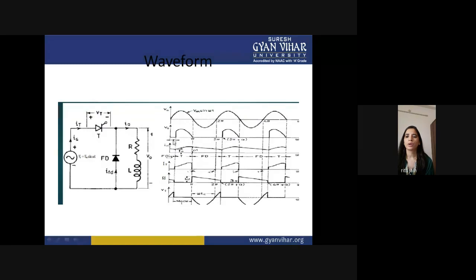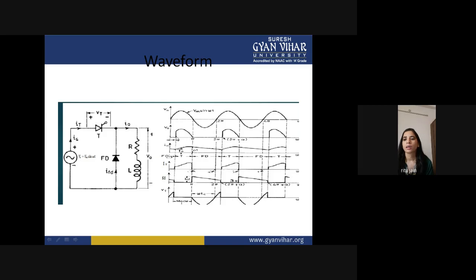So at the delay angle of alpha, we apply the gate pulse to the gate terminal of the SCR, and the SCR gets turned on.